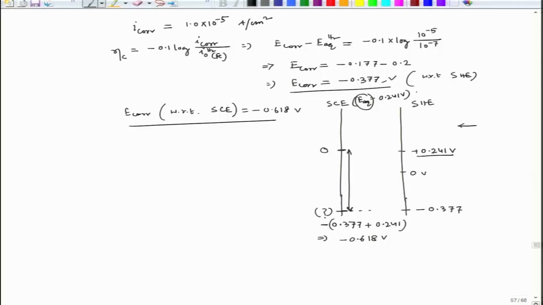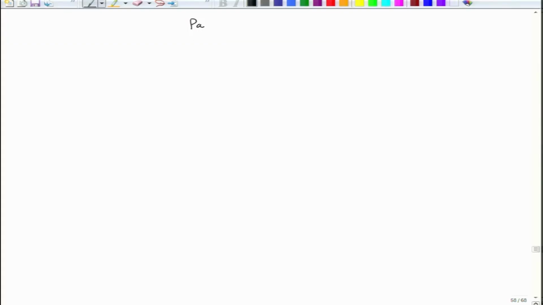So now we gradually move to the second part, which is passivation. This passivation is extremely important in the engineering field. For example, stainless steel is very popular.